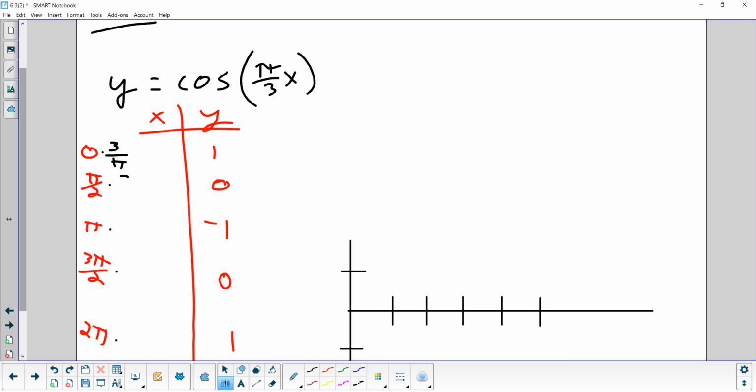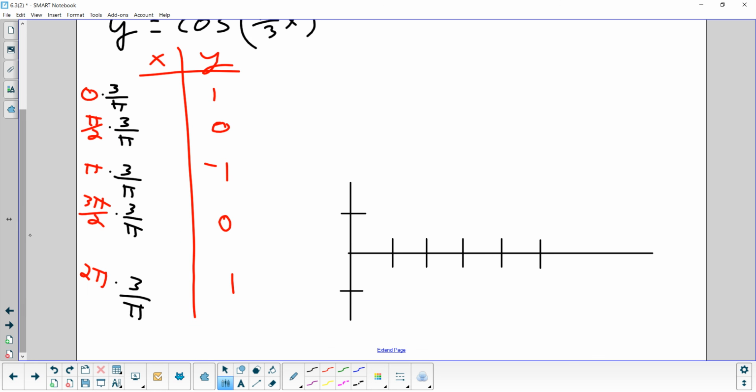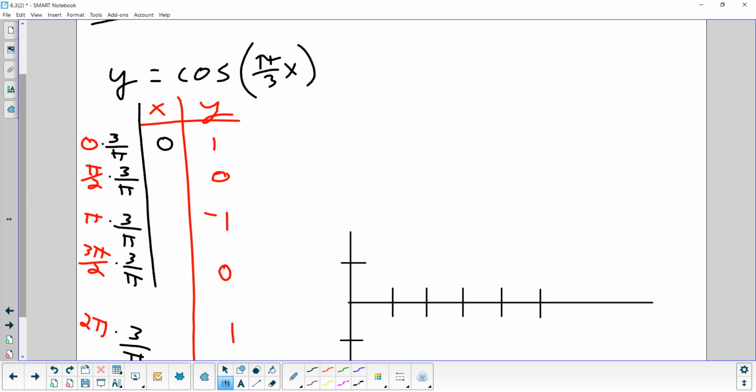Yeah, just 3 over pi. So let's multiply all these by 3 over pi. And the first one would be 0. Caleb, my second one? 3 over 2. Or if you want to write that as a decimal, it's 1.5.